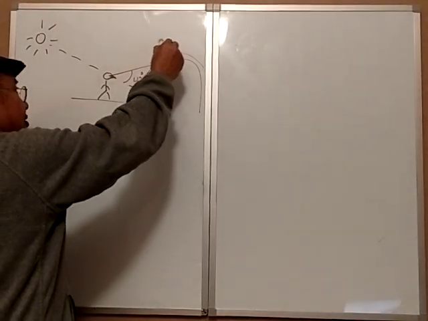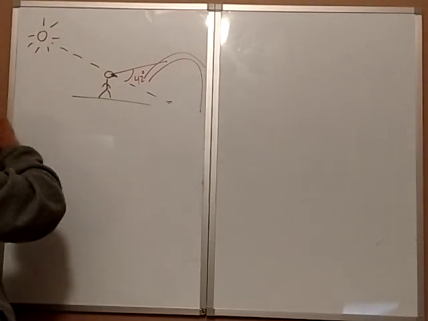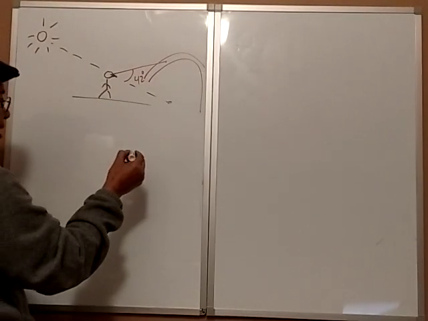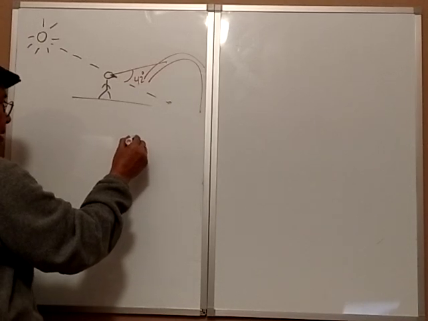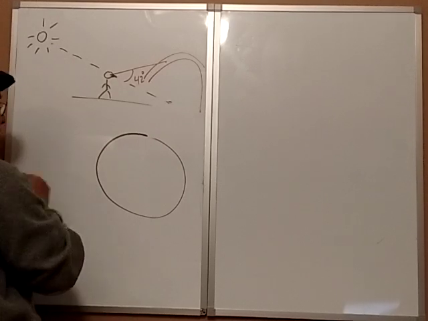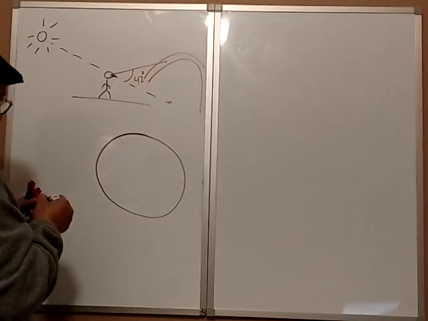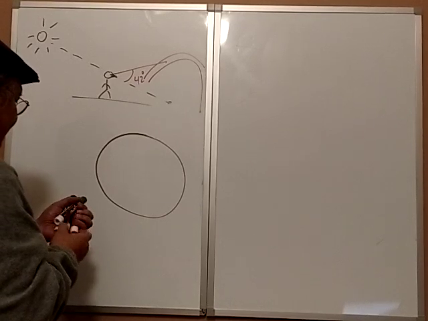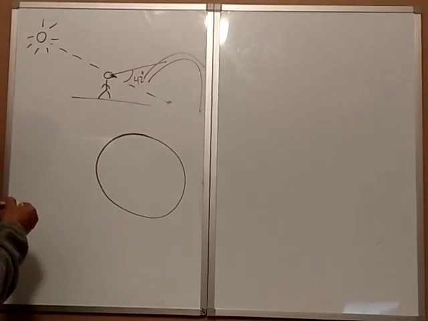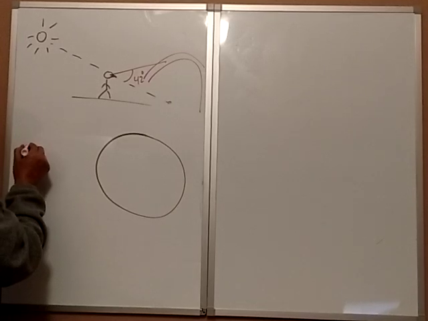There are little raindrops everywhere, and the sun is so far away that all the light rays coming from the sun are parallel. So let me exaggerate and draw a big circular raindrop, right? And just imagine that a light ray comes in.